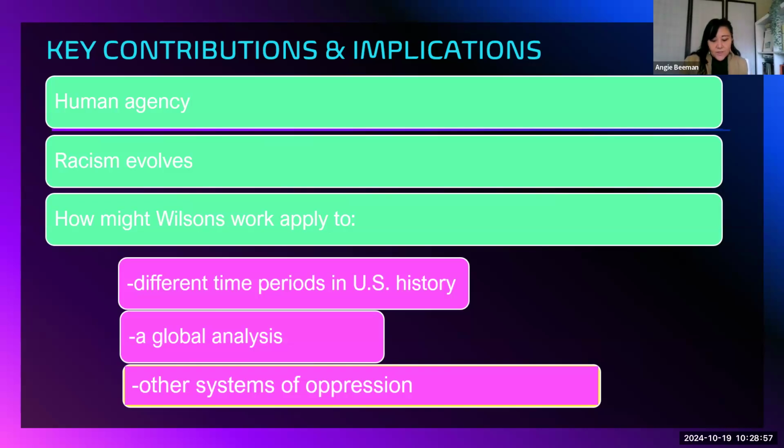And so finally, I'd like you to think about how Wilson's model might apply to different time periods, like Reconstruction. We looked at the period of the American Revolution, but we can take the models that you developed, take Wilson's conceptual work, and drop it into the period of Reconstruction, which we will see in the film Slavery by Another Name, and the development of policing and mass incarceration.